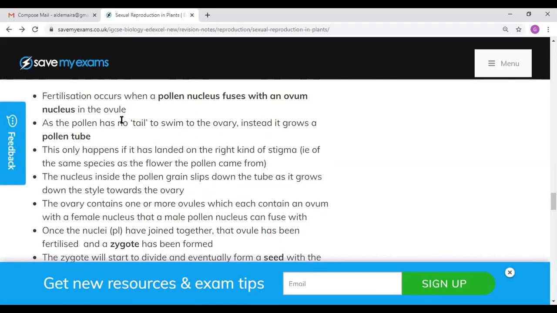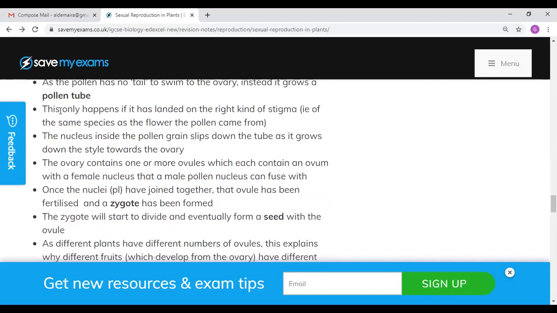As the pollen has no tail to swim to the ovary, instead, the pollen has to grow a pollen tube. This only happens if the pollen has landed on the right kind of stigma. That is, it has to land on the same species as the flower the pollen came from. The nucleus inside the pollen grain slips down the tube as it grows down the style towards the ovary.